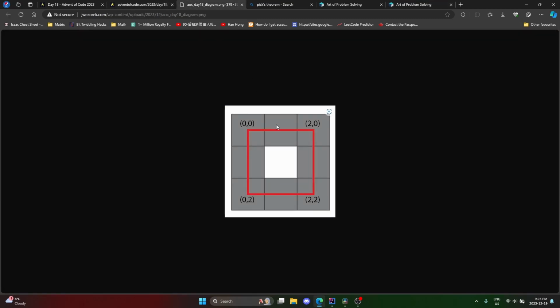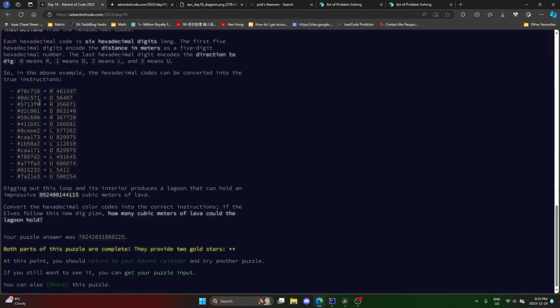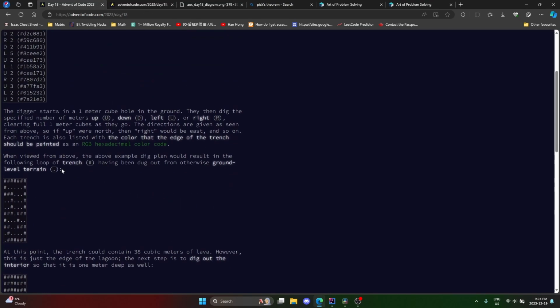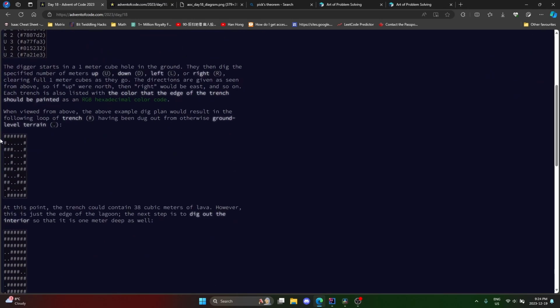So if you imagine literally, you have an entire grid. You have a Cartesian plane, right? And you just sketch out the points. Like see, you just sketch out these corners, right?